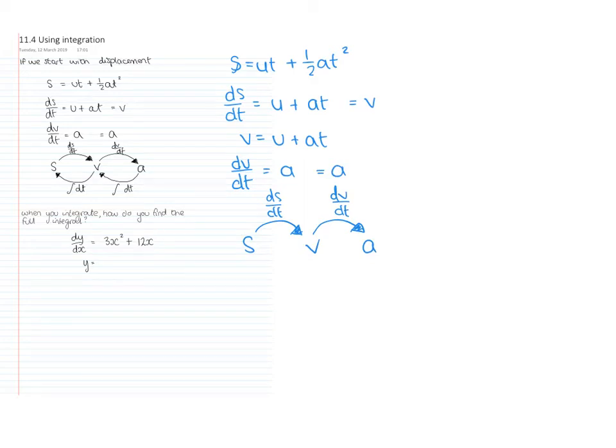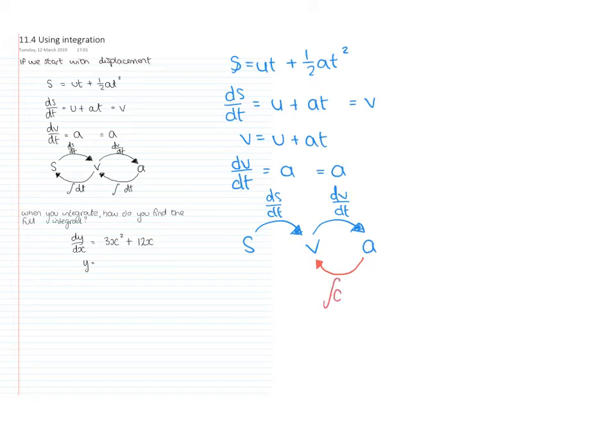So what we're going to look at now is, well, how do you go the other way? If to go from velocity to acceleration you differentiate, then to go the other way, so to go from an expression for acceleration to velocity, then we must integrate.